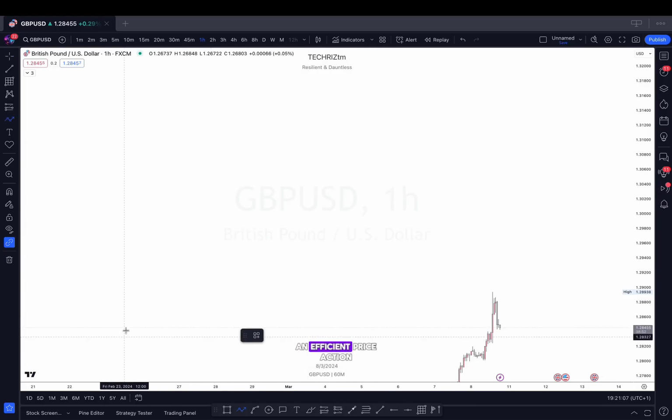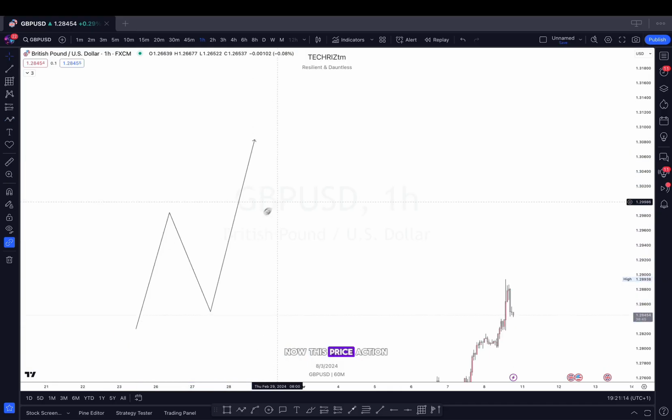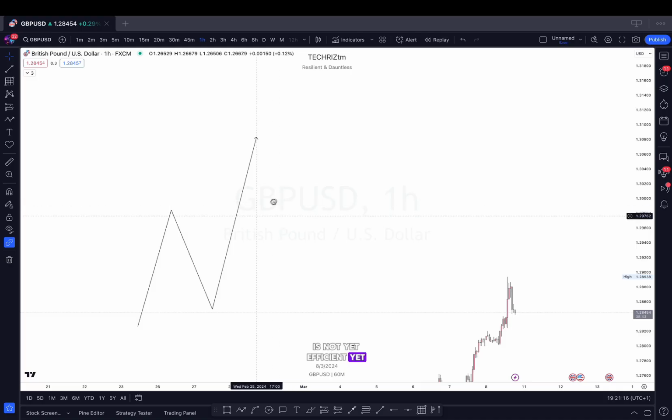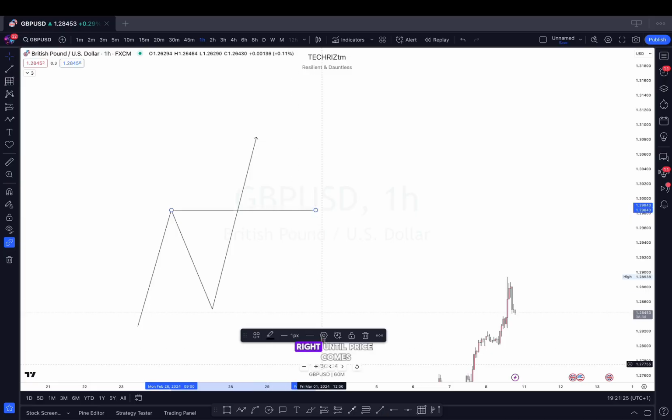So now this is an efficient price action. Price makes a high, makes a low, and then price goes up like this. Now this price action is not yet efficient until price crosses below the demand zone, right?